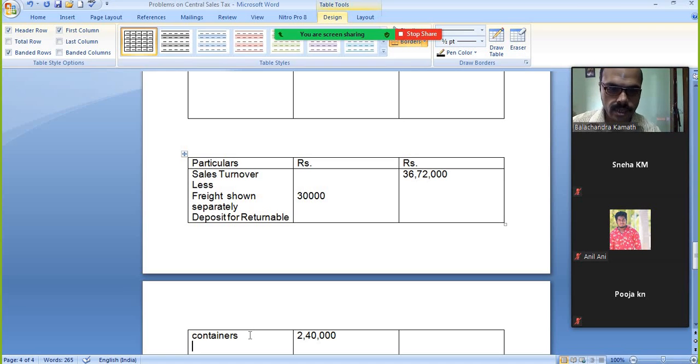Then what is the next item? Transfer to branch. Is transfer to branch included in sales or should it not be included in sales? Can anyone tell me?